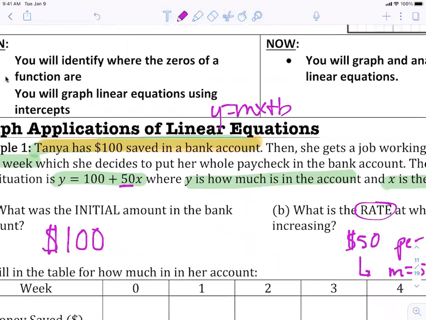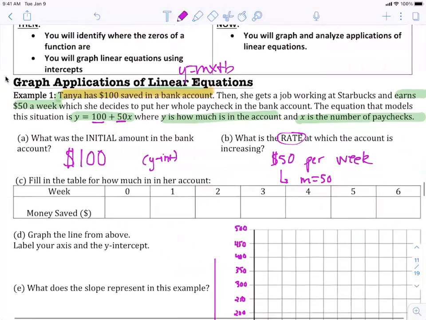And it says the initial amount is 100. The number that's not with a variable is telling us what our y-intercept is. So we actually have our first point right now. When no time has passed, how much money has been saved? Well, we know that's going to be 100. Now, to get our other points, you could do one of two things.